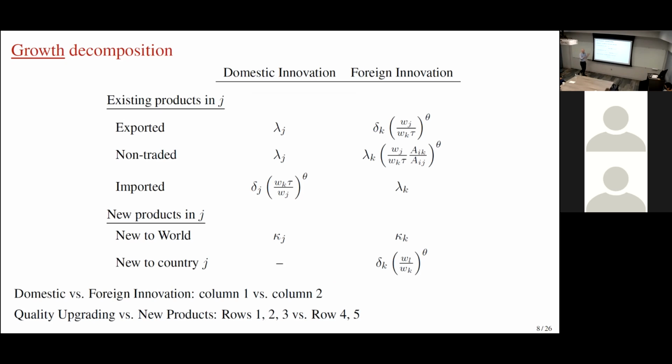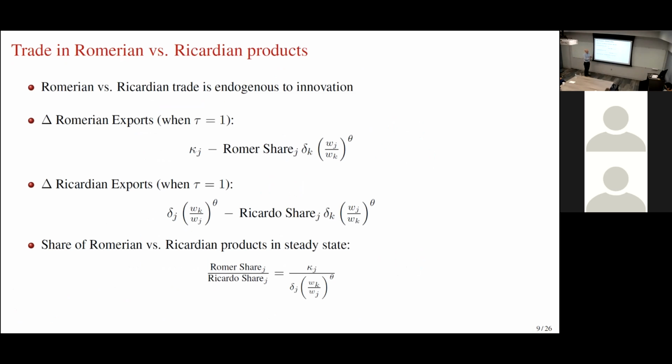In terms of the cross section, at any point in time, you're going to be gaining some Romerian varieties, and some of your exports that were Romerian, you're going to lose to foreign creative destruction. They have a certain arrival rate, but then a certain success rate that's based on the relative wages. And if you have Ricardian exports, you're going to gain some at a certain rate, which you creative destroy somebody else, and the ones you have, you're going to lose at a certain rate to the other country in this two-country example.